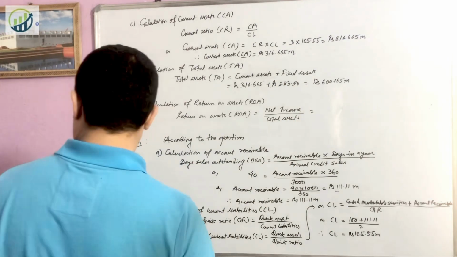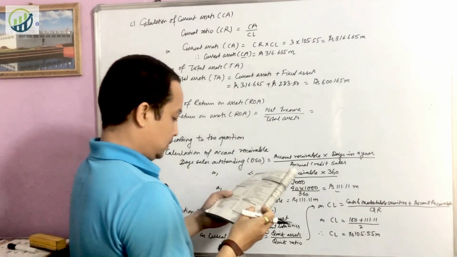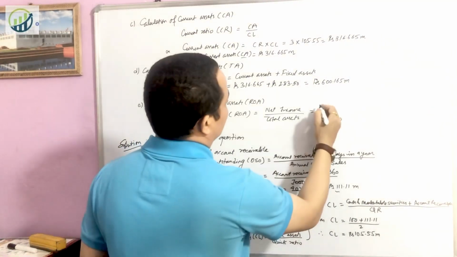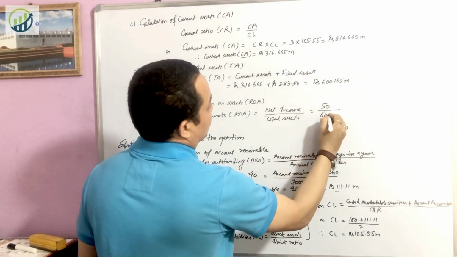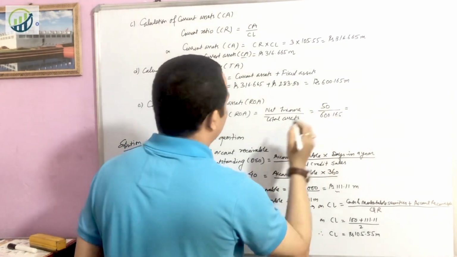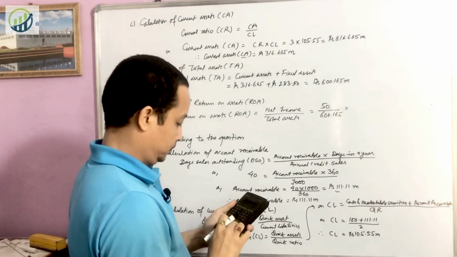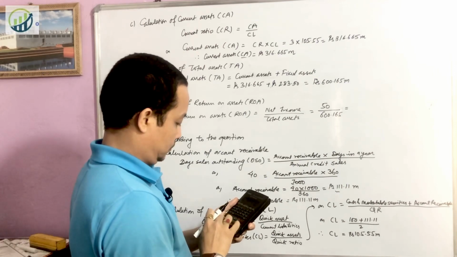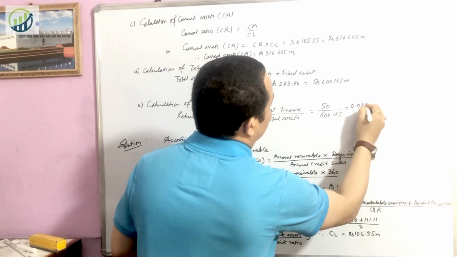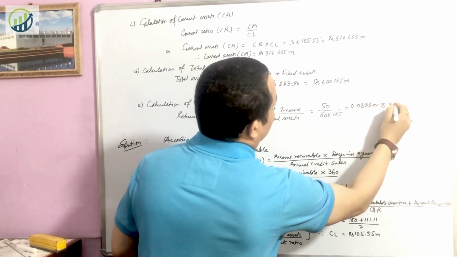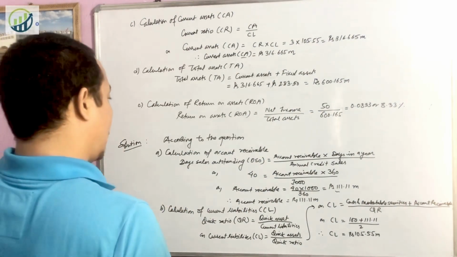Net income is given in the question, 50 million. So 50 divided by total assets 600.165. That will be 0.0833, or you can write 8.33%. So this is the return on asset.